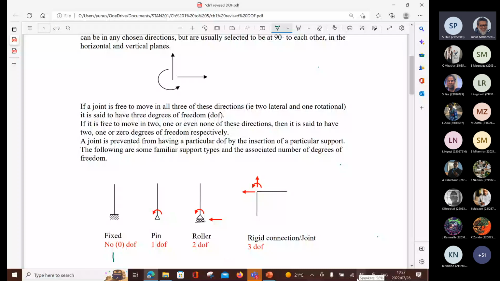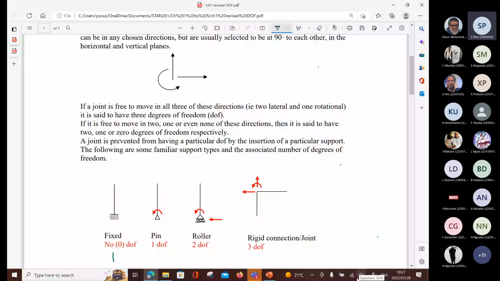Then if I have a roller, the roller is rotation that is possible, but vertically I have one reaction.